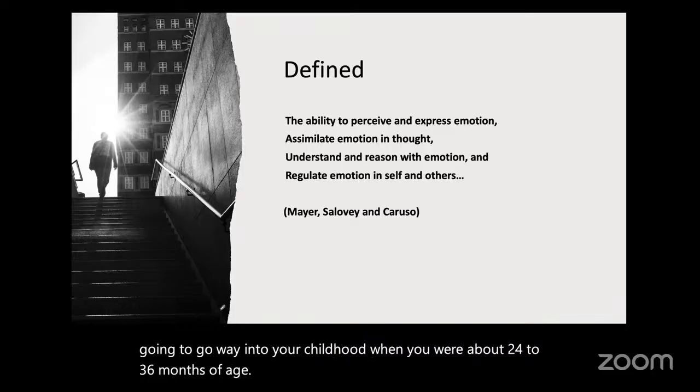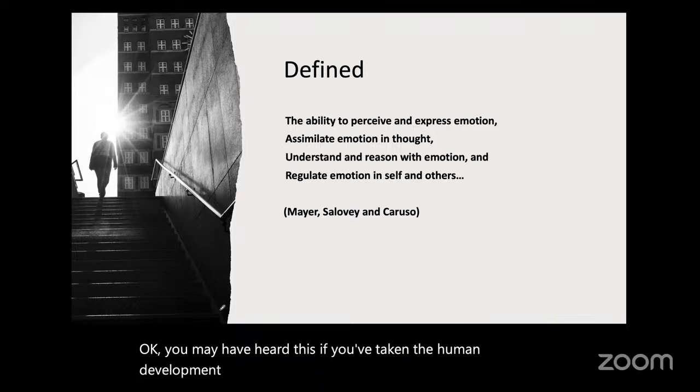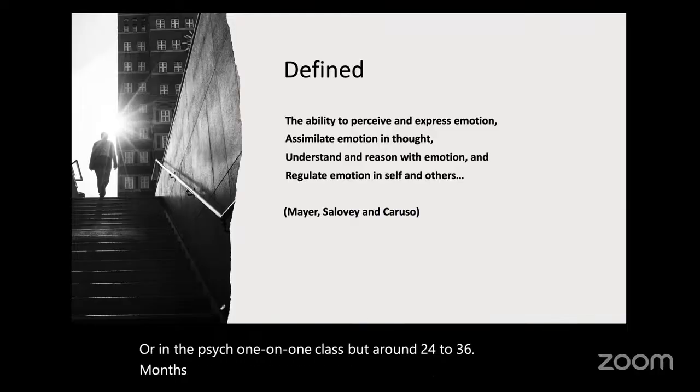You may have heard this if you've taken the human development class or in the Psych 101 class, but around 24 to 36 months of age, we develop something called theory of mind.